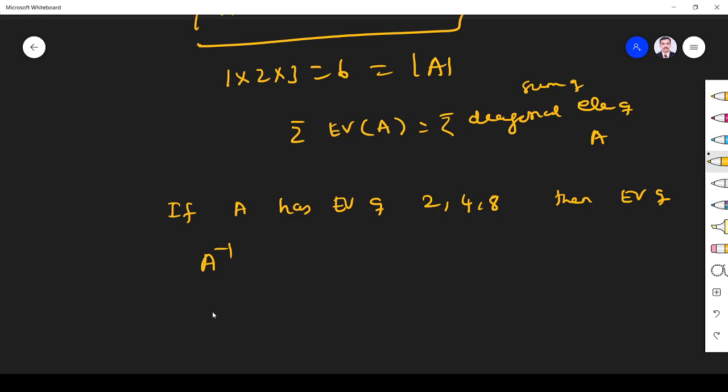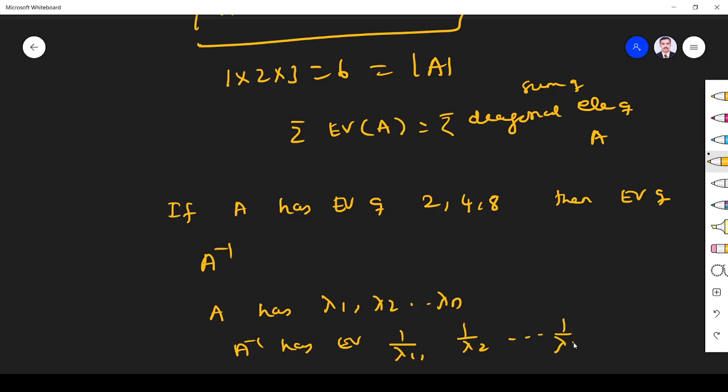If A has eigenvalues lambda 1, lambda 2, up to lambda n, then A inverse has eigenvalues 1 by lambda 1, 1 by lambda 2, up to 1 by lambda n.